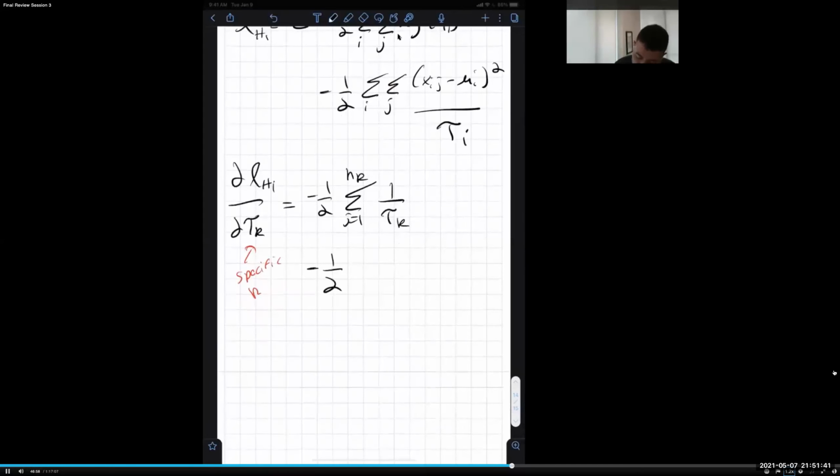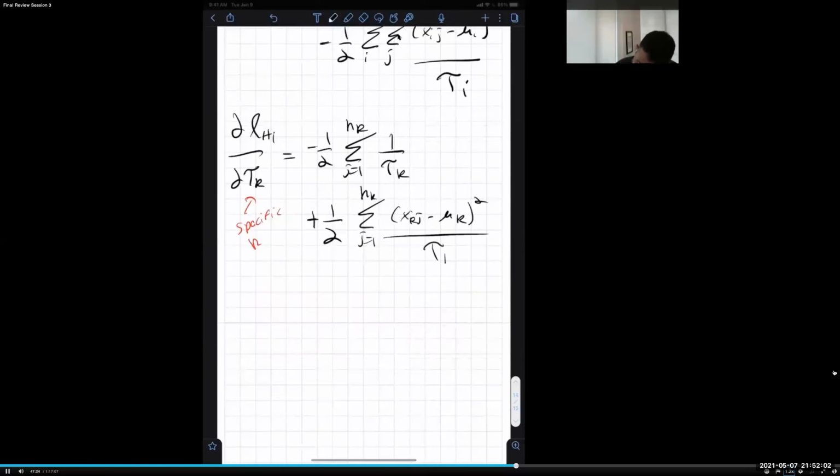We get negative 1/2, we have a plus 1/2 here of the sum from j equals 1 to nk, xkj minus mu k, and this should be k, I think I forgot that before, divided by this tau k here, squared. And so this is going to be equal to 0. Again, the 2's cancel. This tau and this tau cancel.